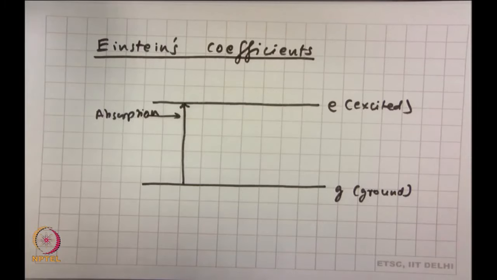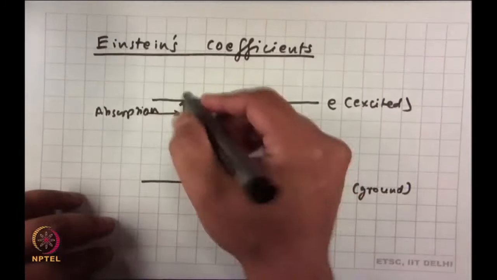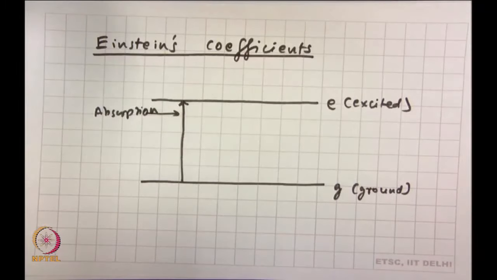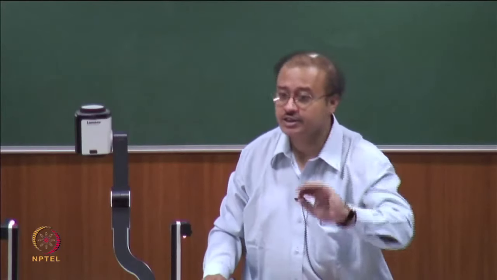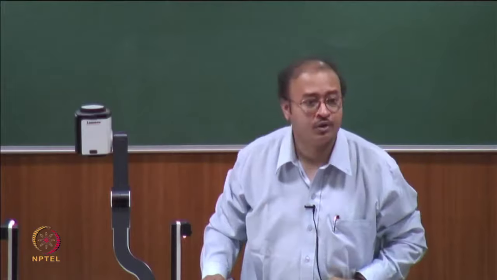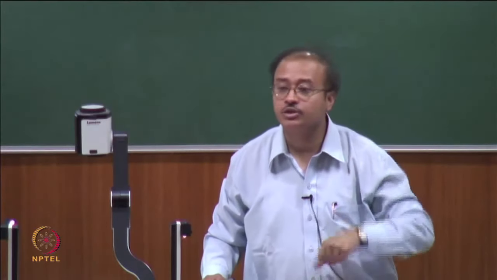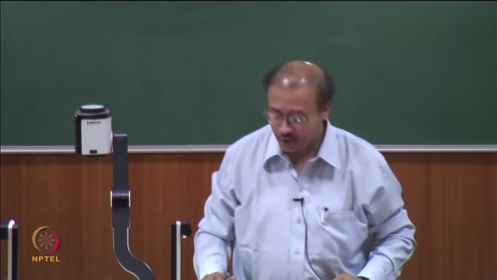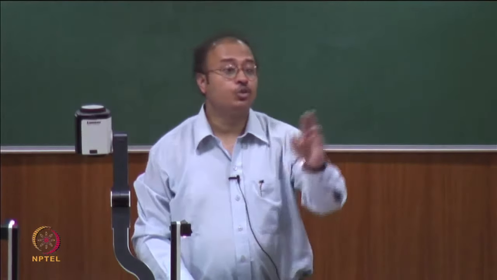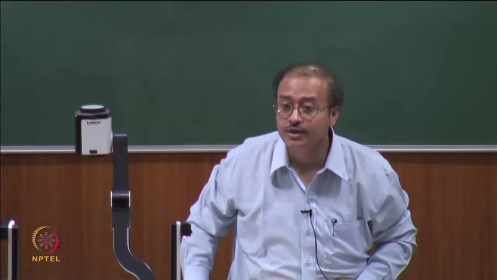After you have excited the molecule from the ground state to the excited state, what will happen? The molecule cannot stay at the excited state for infinite time. It would try to come down to the ground state, and it can do that in two ways.